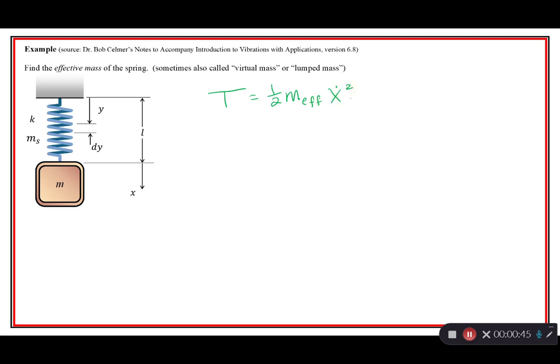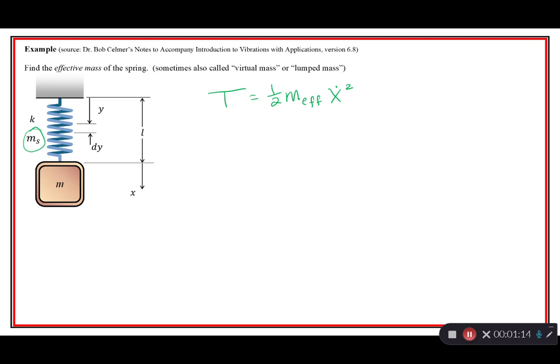Before we ignored the mass of the spring, now we're going to include the mass of the spring, designated as ms, and we want to ask what additional stuff is going to happen to the kinetic energy due to the spring. It's not going to change the spring potential energy, and we're ignoring gravitational potential energy.